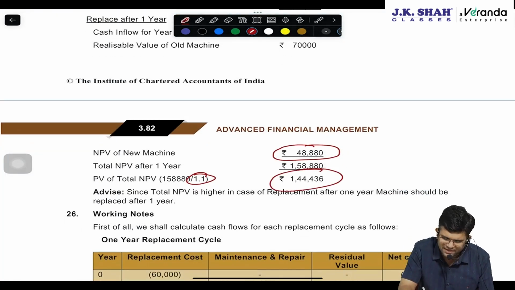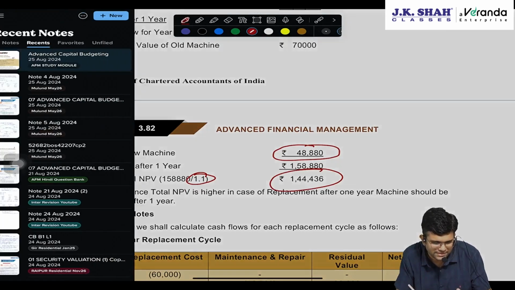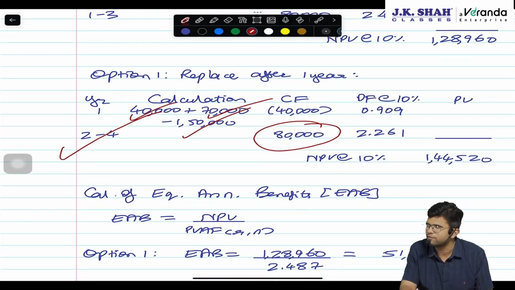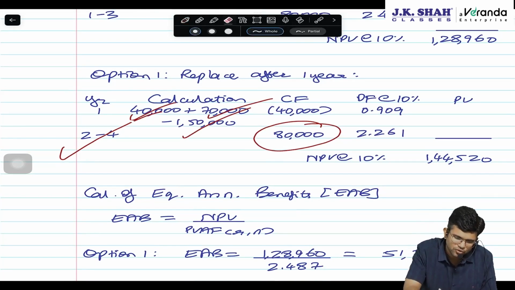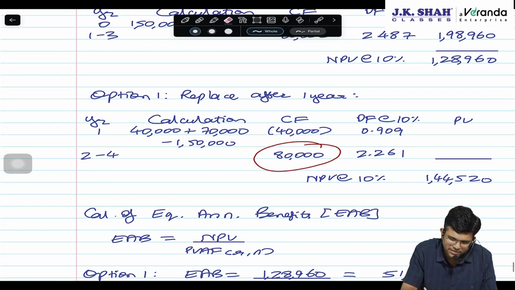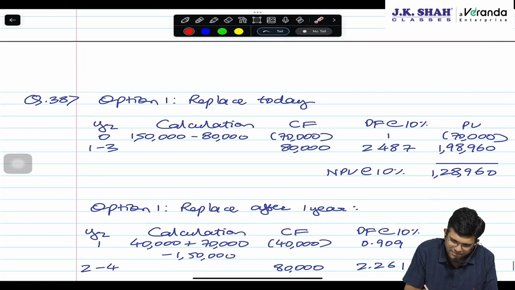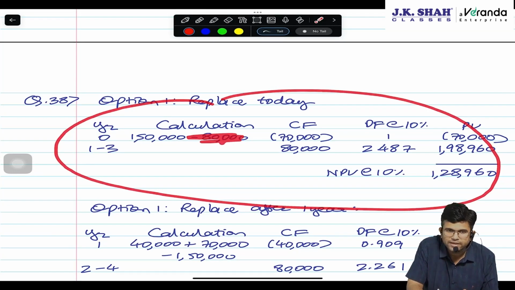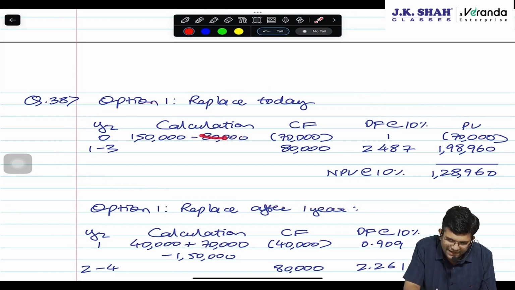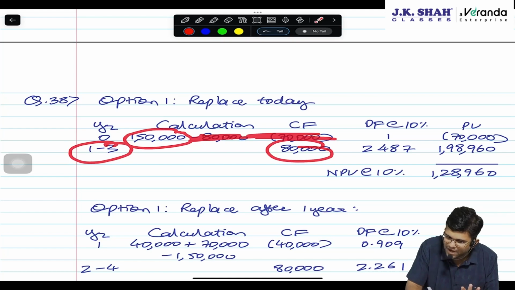Students, our answer and their answer is the same. Check, it is the same now: 144,436, and our answer is 144,520. It is the same answer. I have taken a different approach. Now, do you understand what these people have done? They have first done the basic calculation without this 80, which includes the 150 outflow and 380,000, and they got some NPV.